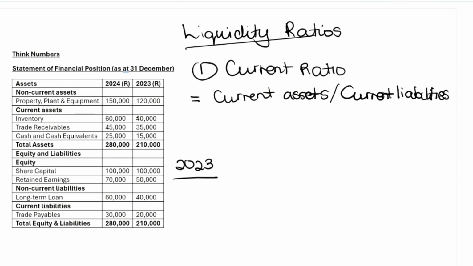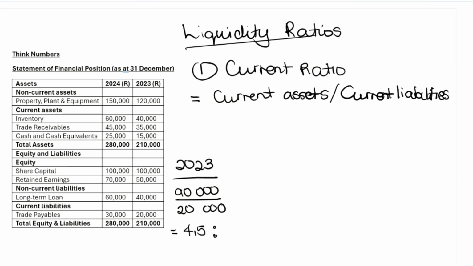The sum of these, 40,000 plus 35,000 plus 15,000 for the year 2023, amounted to 90,000 rands of current assets in that year. Divide that by our current liabilities, which in 2023 were 20,000 rands.